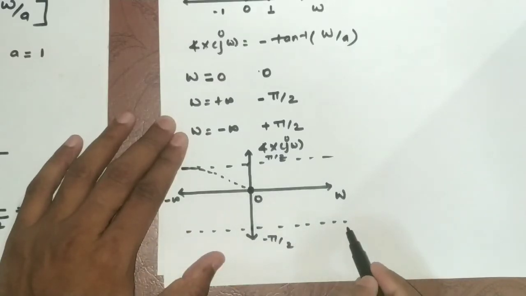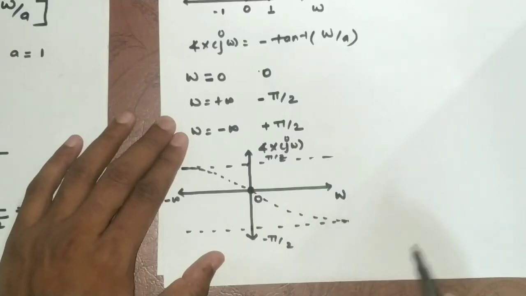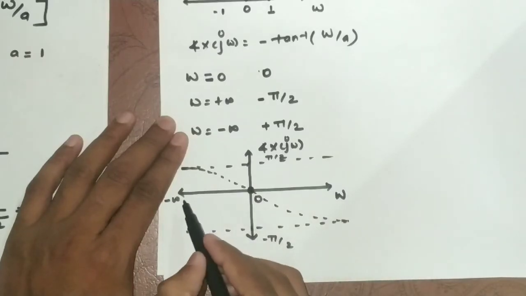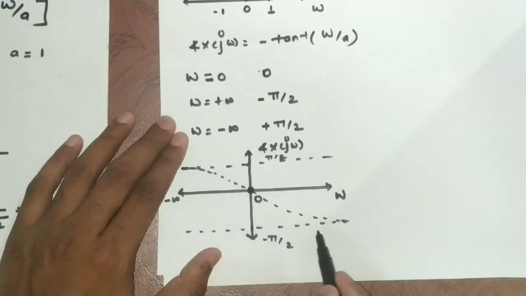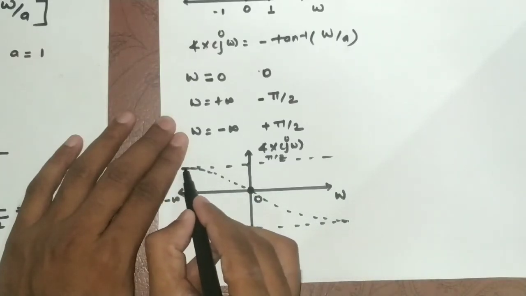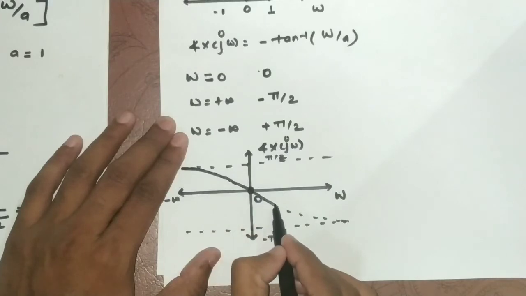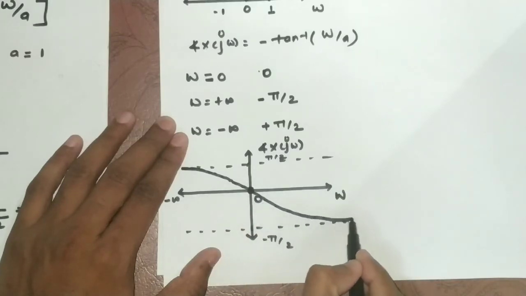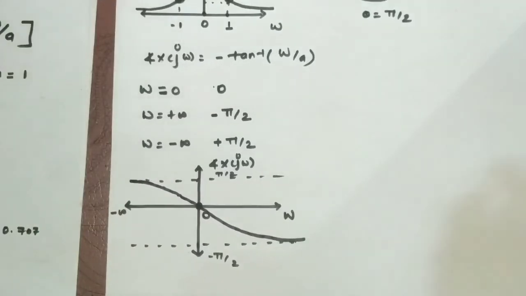And for omega plus infinity, it will move on to the minus pi by 2 term. Now if I take any value between minus to plus infinity, definitely the range will be covered here and here. So if you join this line carefully, we can get a slope like this one. So this is known as the phase spectrum.